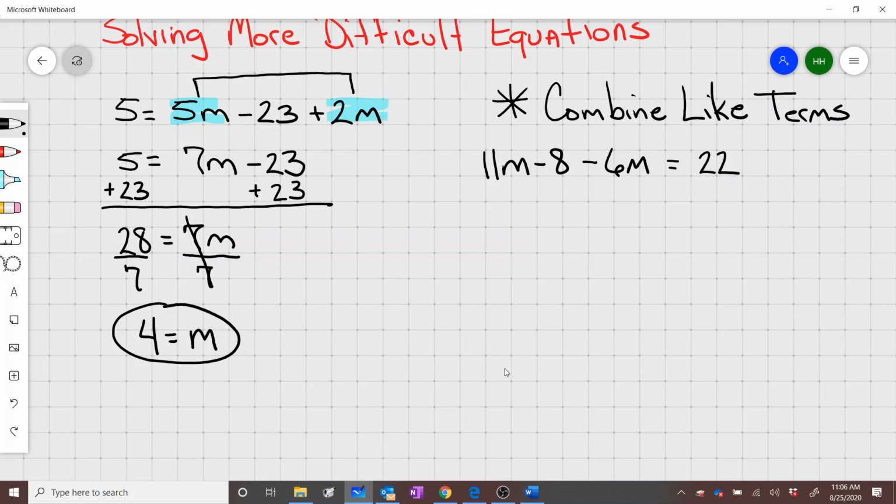So you got to combine these two right here. So 11m minus 6m would be equal to 5m. And then your negative 8 just falls down, and it's all still equal to 22.